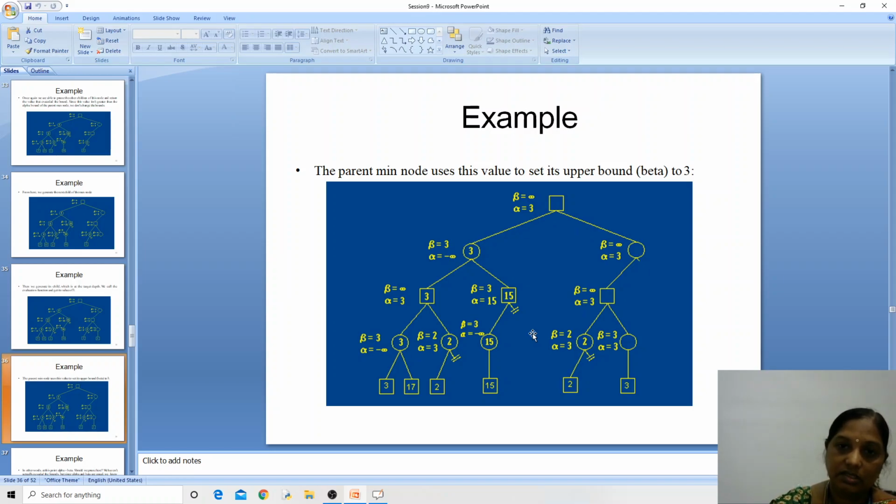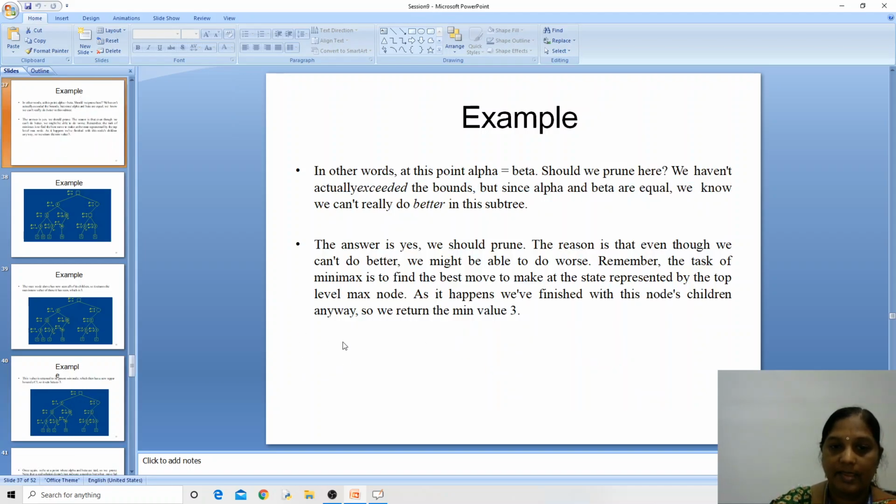So we are increasing the performance of the algorithm by decreasing the time complexity. If you are not exploring this, that means you are reducing the time complexity. Based upon this, you are overcoming the drawback of the min-max algorithm here.